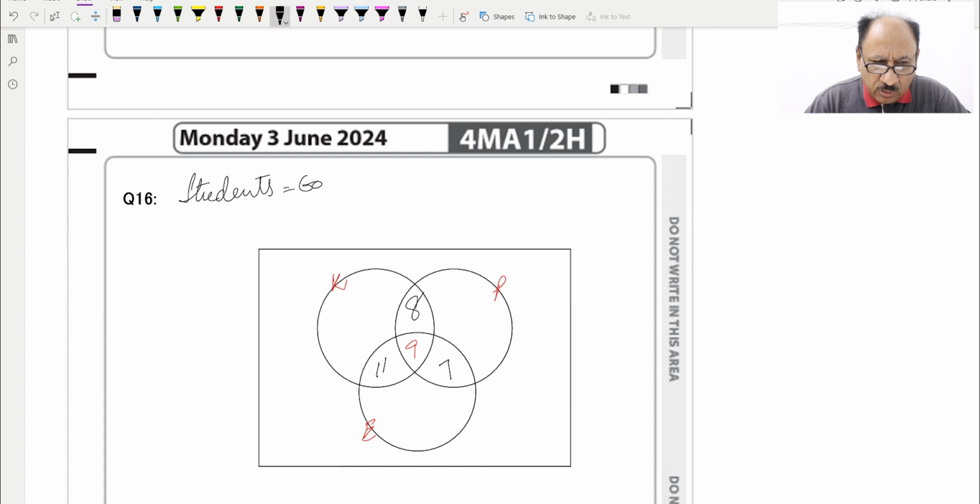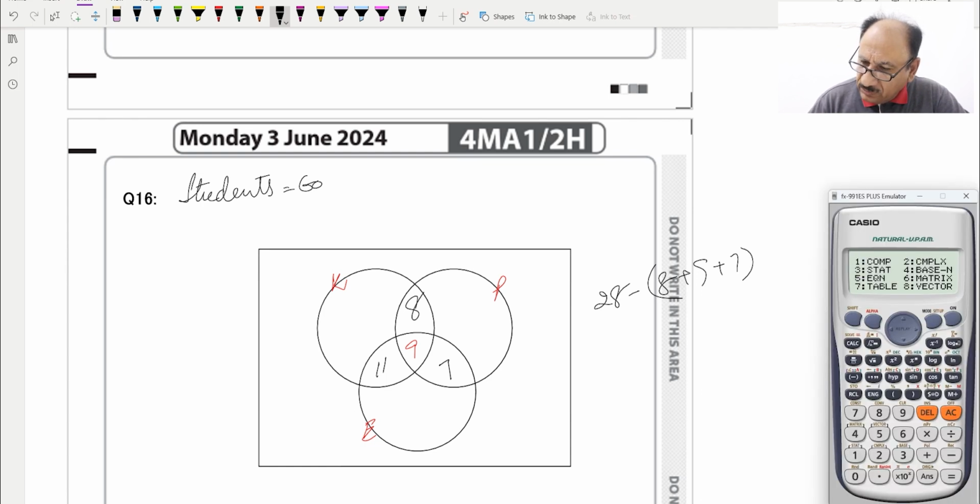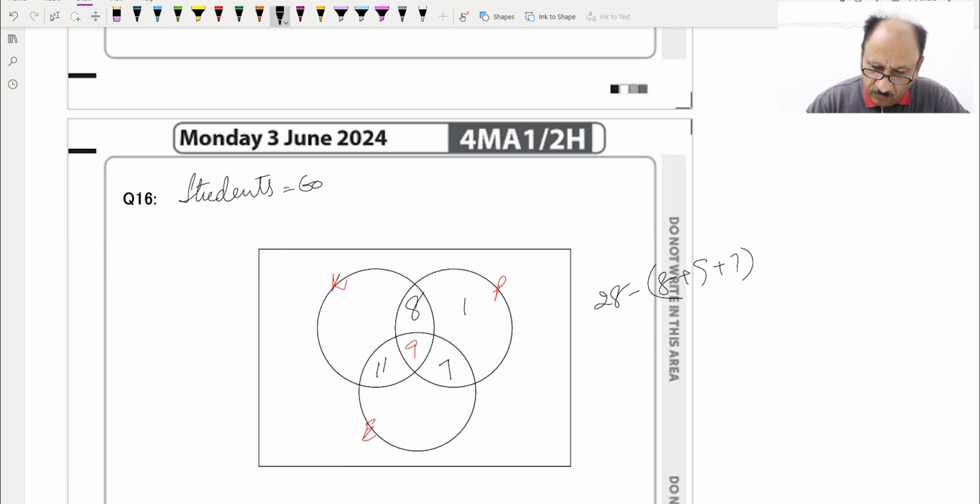And then they are saying 28 choose photography. So 28 minus (8 plus 9 plus 7) will give us the answer for this section, and this gives us 4, so 4 will be in this section.